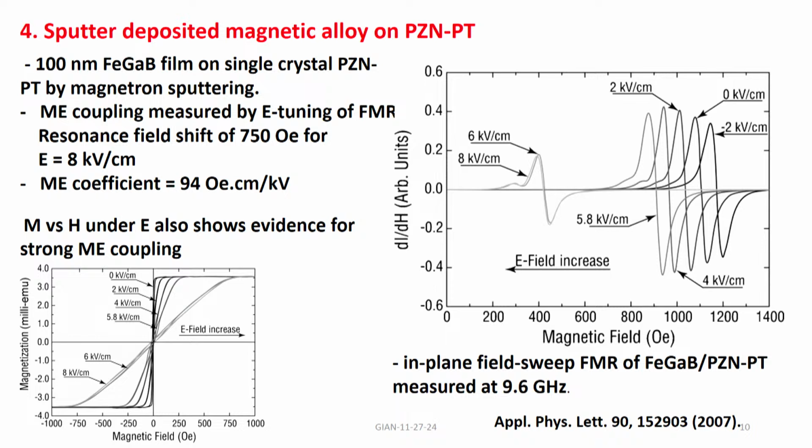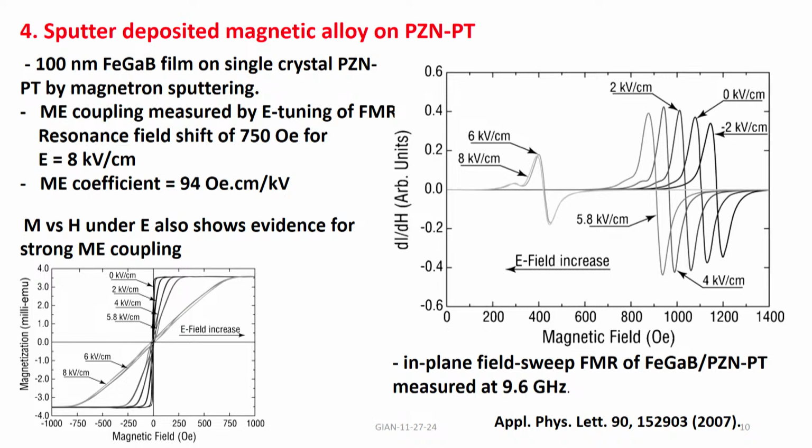So, under FMR you look for the change in the ferromagnetic resonance field, and when you do M versus H under electric field, you look for the change in the remnant magnetization, that is the magnetization at 0 magnetic field.